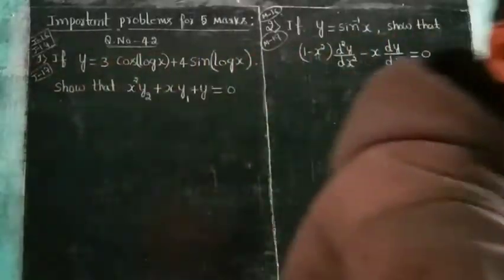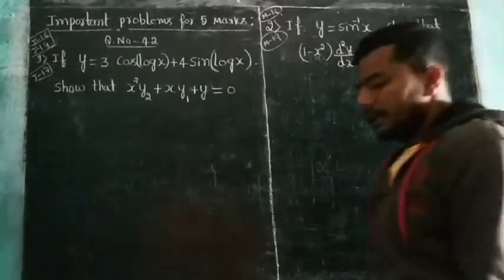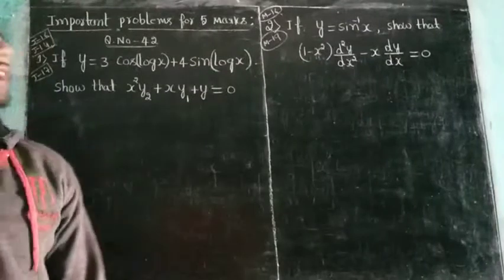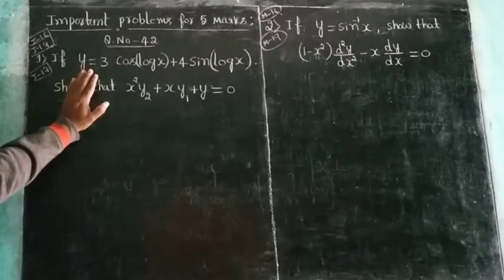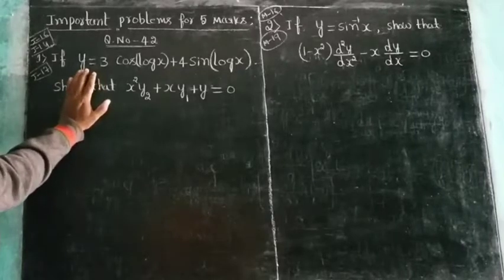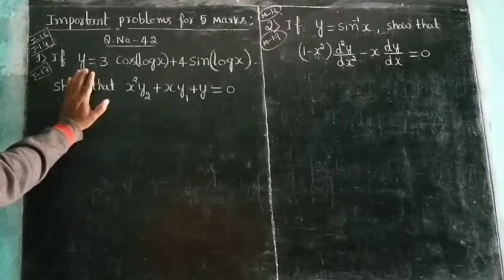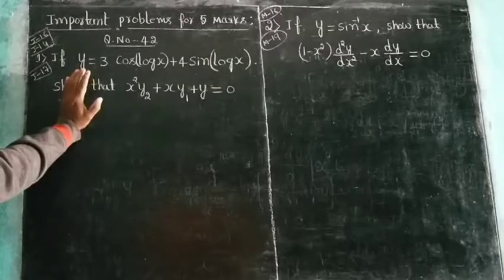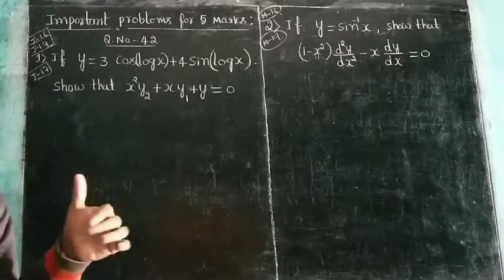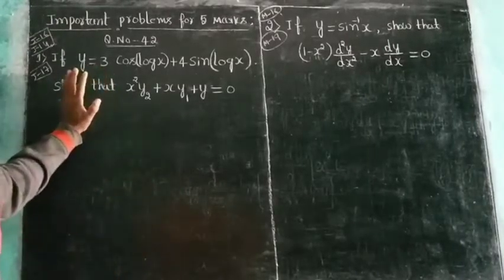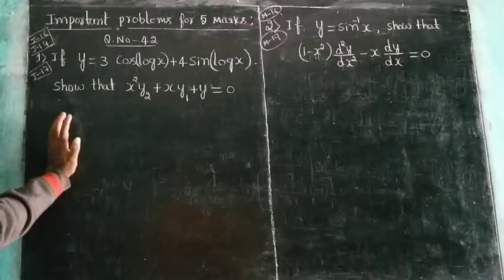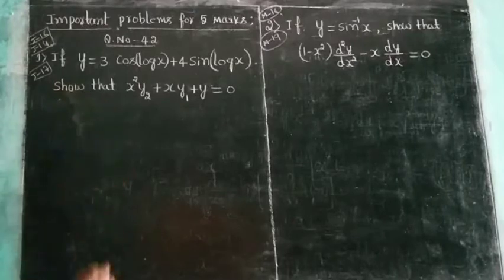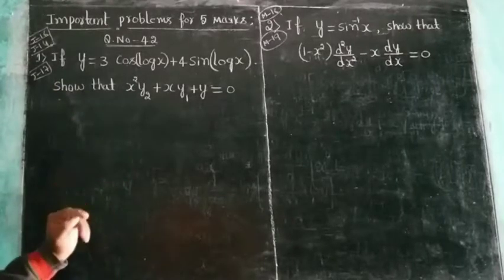Before we prove it, we should know that any proof problem is solved using 3 types. Type 1 is consider LHS and prove RHS. Type 2 is consider RHS and prove LHS.